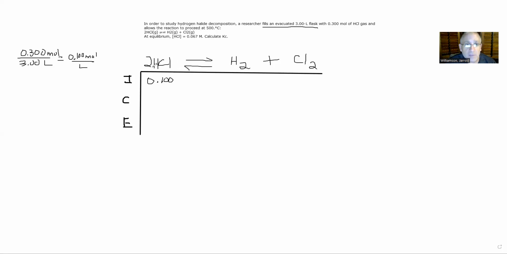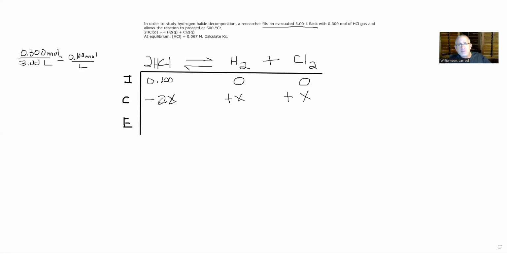And it says we fill an evacuated flask. That means it had nothing but the HCl in it. So the starting concentration of this is exactly 0 and exactly 0. That means it's initially going to break down and go this way. We're going to have minus 2x here, plus x here, and plus x here, because of the invisible understood 1 coefficient, the other invisible understood 1 coefficient, and the explicit 2 coefficient here.